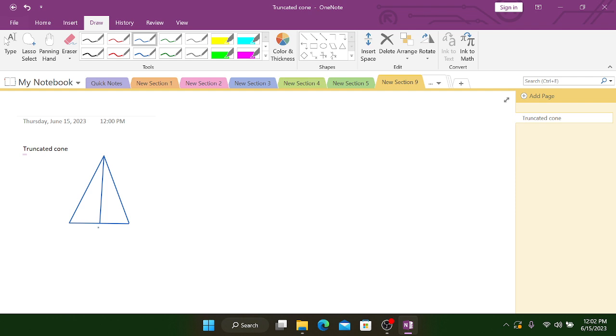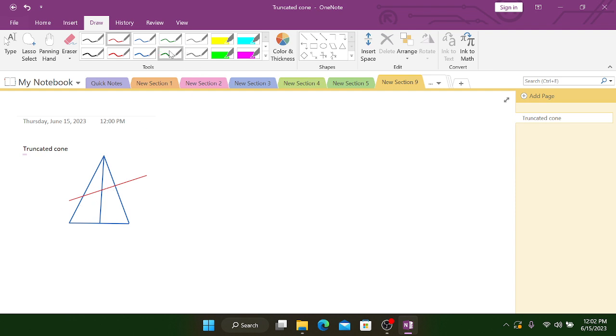I'm taking this height as 50 millimeter and this diameter as say 25 millimeter. This one is 50 and this one is 25 millimeter. So if I cut in this direction, whatever, at some angle I'm going to cut.